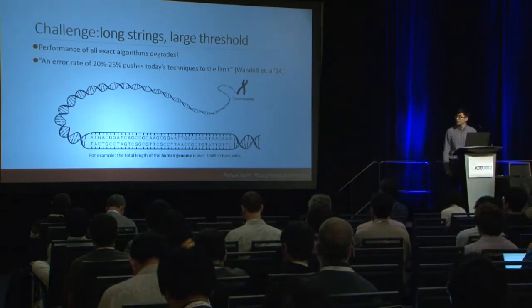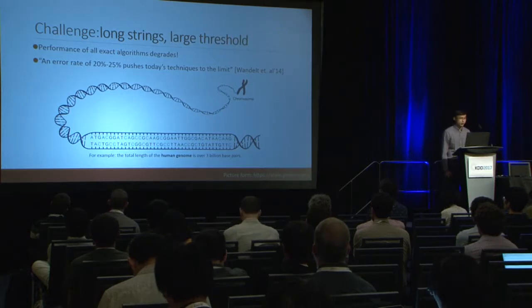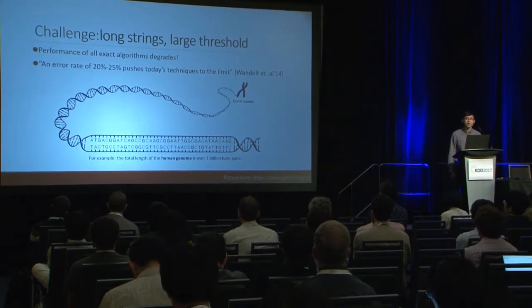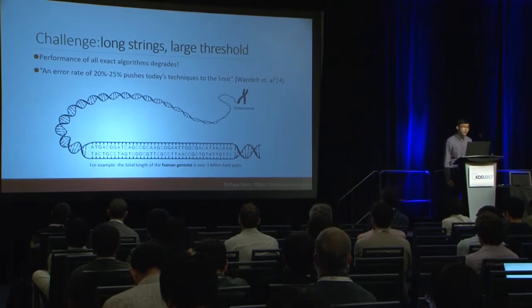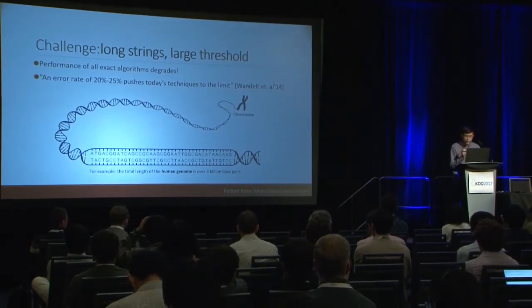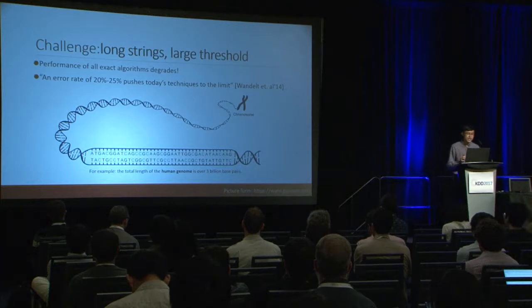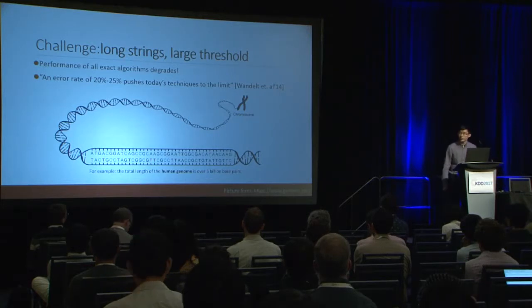According to a survey, an error rate of 20% to 25% pushes this technique to the limit. By saying 20% error rate, we are talking about the edit threshold k being 20% of the string length. However, in some applications, long strings and large thresholds are critical. For instance, the total length of the human genome is over 3 billion base pairs.